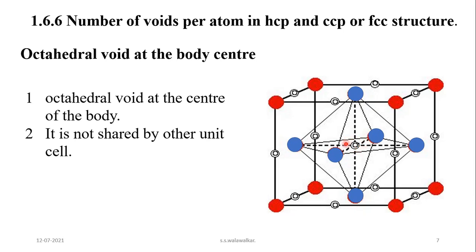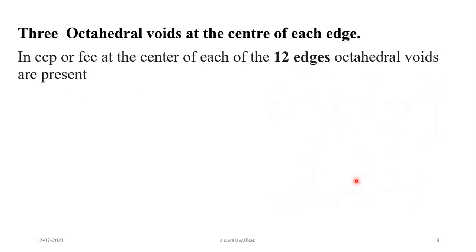And the empty or vacant space which remains in between these 6 spheres is called an octahedral void, and this is at the center of the body. So this is one octahedral void, and other octahedral voids are present at the center of each edge.